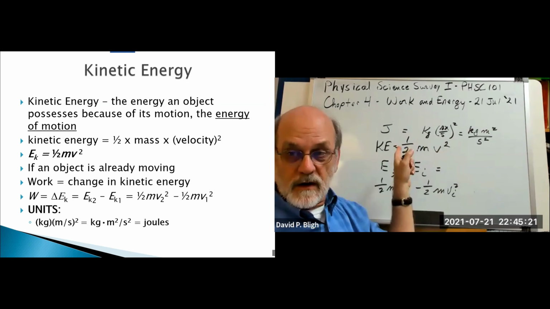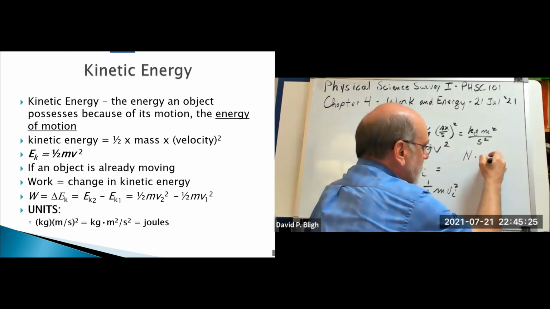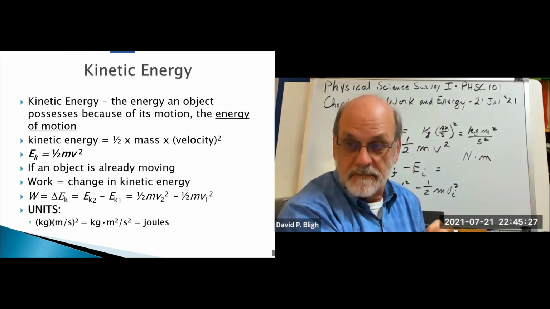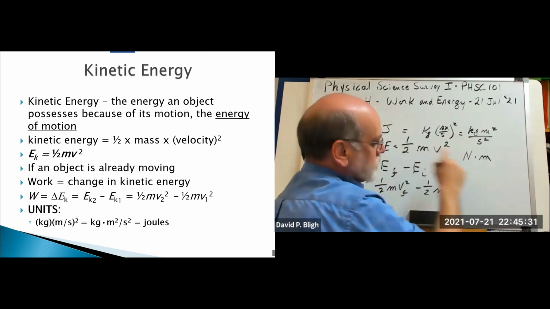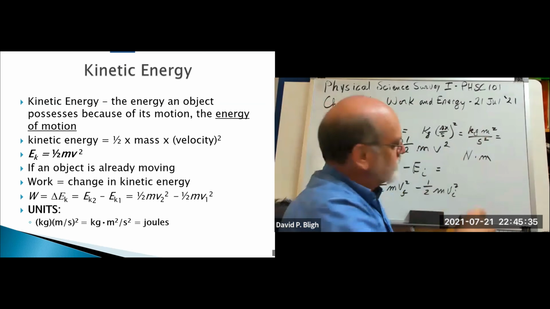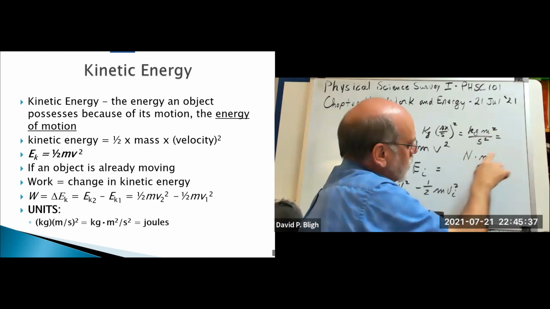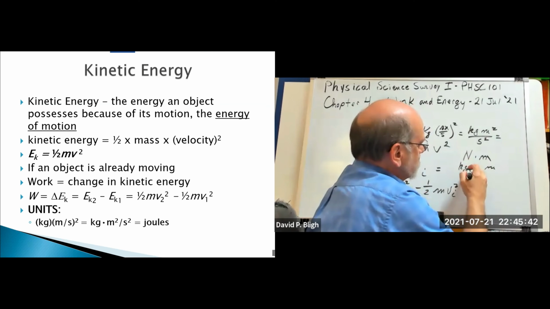So joules is also equal to kilogram meters squared per second squared. But we said earlier that joules is equal to newton meters, correct? So if this is equal to joules and that's equal to joules, then these two are also equal. If we factor out a meter from this one, what do we have left over? We have kilogram meters per second squared.